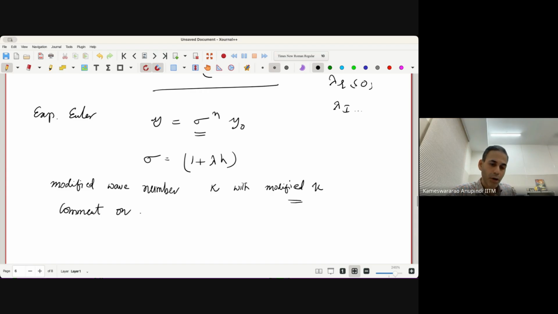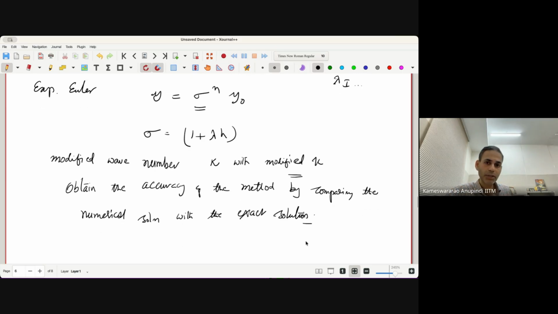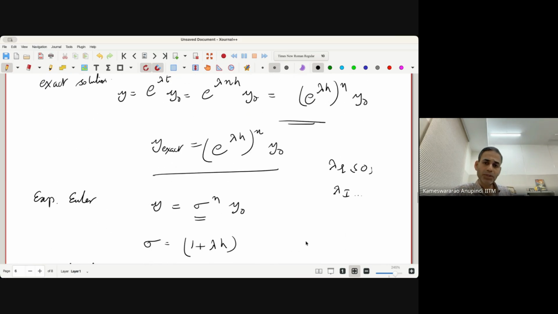We can obtain the accuracy of the method by comparing the numerical solution with the exact solution. Okay, by comparing the numerical solution with the exact solution, we can comment on the accuracy, right? This is what we have done before in the context of modified wave number. So I'm going to do the same thing here.